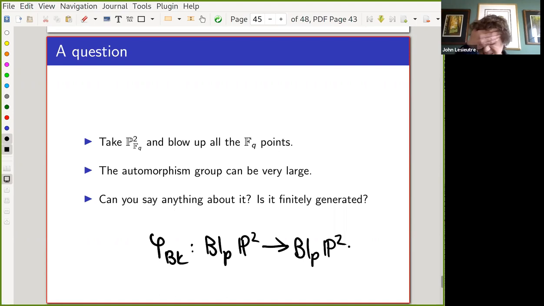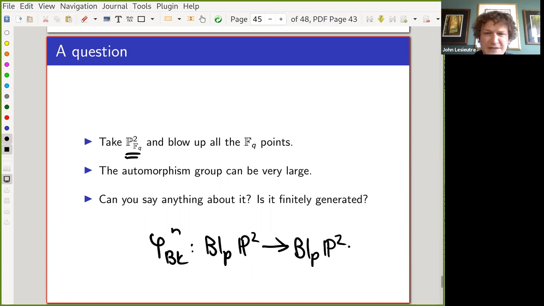This map is infinite order on cohomology, so it's never going to end up being periodic. In positive characteristic, this map might not fix all the FQ points of P2, but some iterate of it will fix all the FQ points in P2, just because there are only finitely many. So if you replace this with some iterate, it does lift to the blow up at all FQ points.